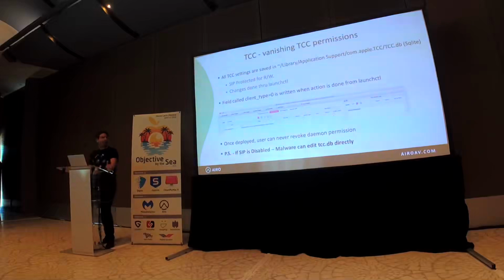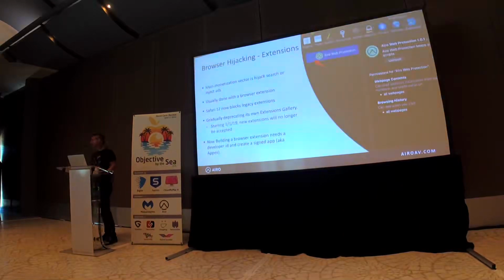By the way, if for some reason a machine that gets infected doesn't have SIP enabled, this SQLite database is usually protected by SIP, but if it's not, then the malware can just edit it and ignore all this shenanigans altogether. Okay, so now we hand it over to Roee to tell us about browser hijacking.